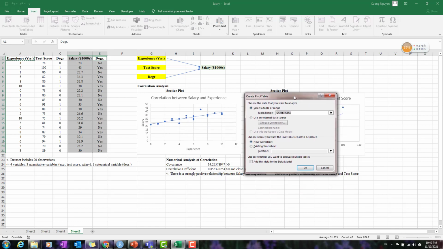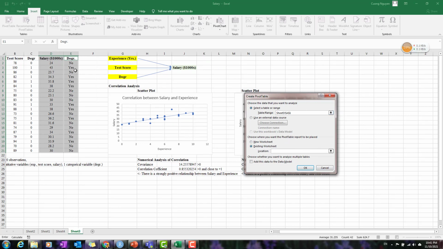Select the data from the worksheet, and go up here to the degree.